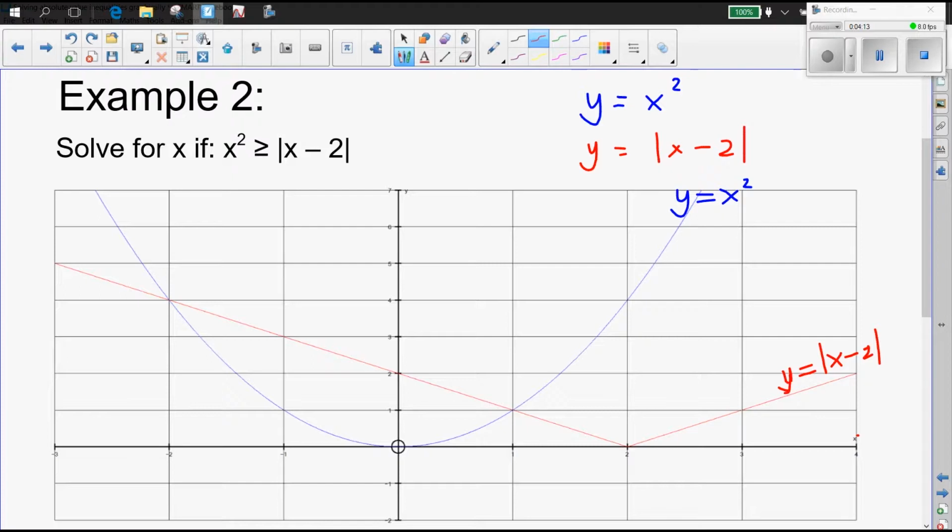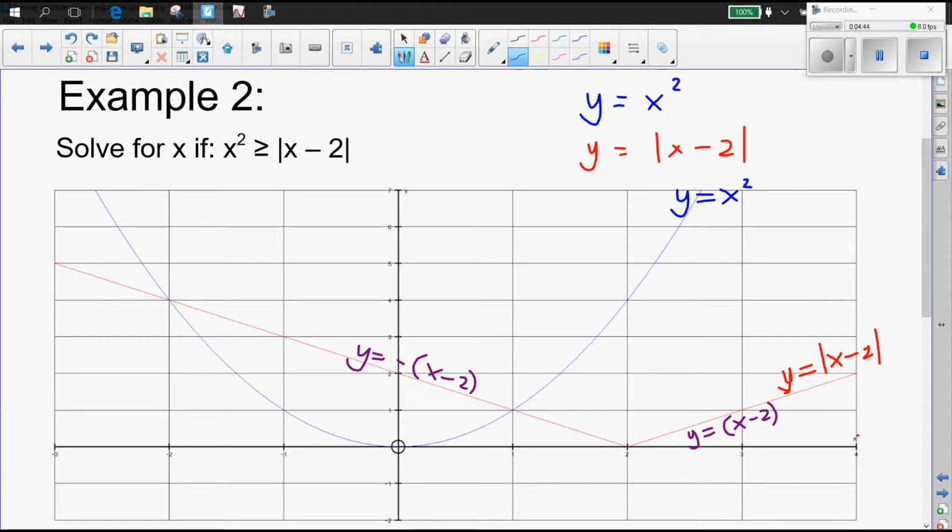Now looking at your absolute value graph, we can write down the equations of each of the arms of the graph. For example, this arm here will be y equals x minus 2 for all values of x greater than or equal to 2, and this arm would be y equals minus x minus 2 for all values of x less than or equal to 2, and that comes from the definition of the absolute value graph.